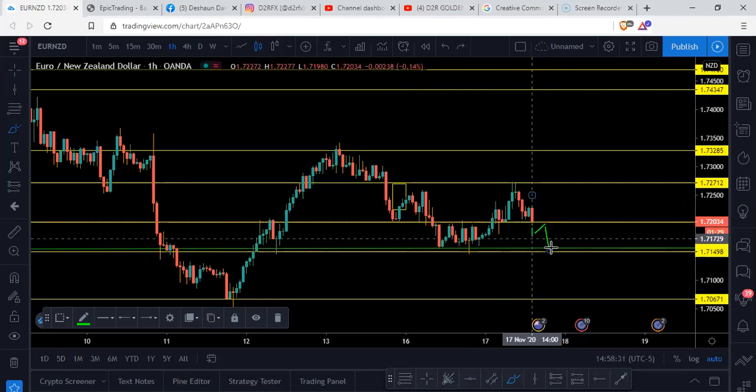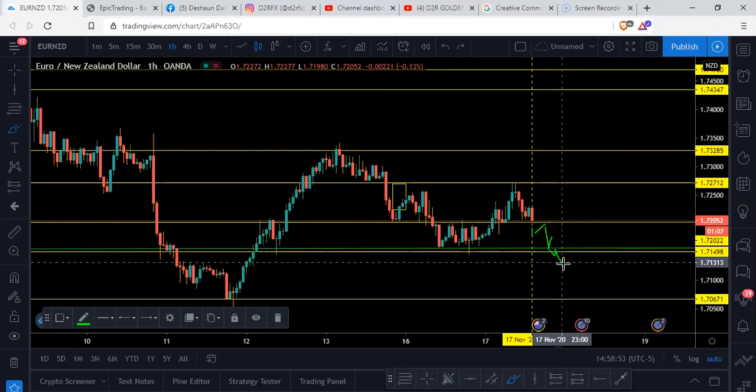So it's definitely gonna come test that. And then you can see we got a zone right up under it. So it can either do that and bounce, it could respect that price and come back, or it can break this. Then we're gonna wait for that retest and then be looking for price to go down to the next zone.